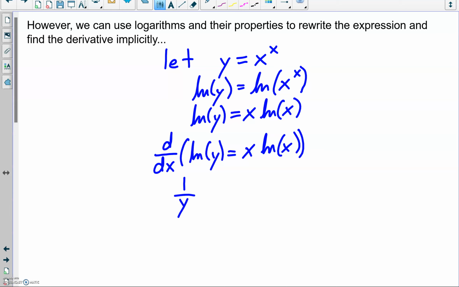And then since the y is not the respective variable, we're thinking about it in terms of that chain rule idea where y is some unknown function of x. So I need to multiply then by its derivative, dy dx, whatever that ends up being. And then on the right side, we got to use the product rule. So we'll have x going to 1, and then just natural log of x, and then plus x times the derivative of the natural log of x is just 1 over x.